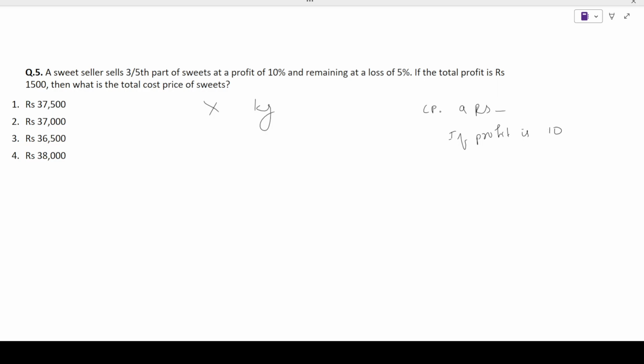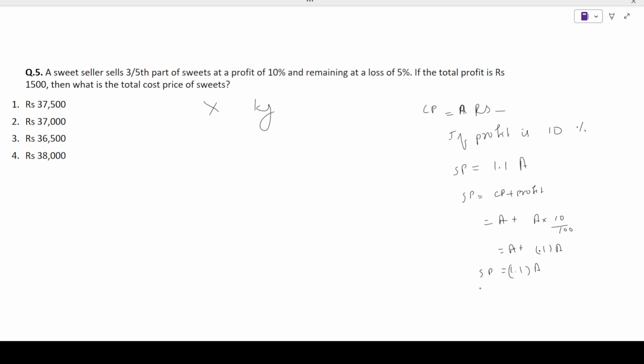If cost price is A rupees, then selling price can be written as 1.1 times of A. Since selling price is cost price plus profit, cost price is A, profit is A into 10 by 100, which gives A plus 0.1 times of A. So this becomes 1.1 A.